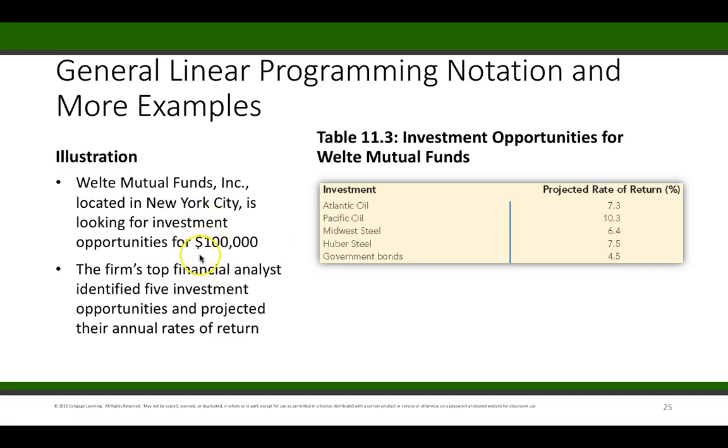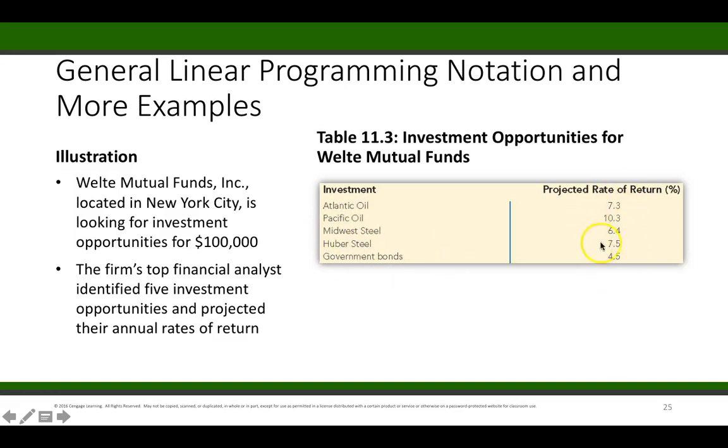That's all. The firm's top financial analysts identified five investment opportunities and projected their annual rates of return. So these are the five investment opportunities: Atlantic Oil, Pacific Oil, Midwest Steel, Huber Steel, and government bonds.